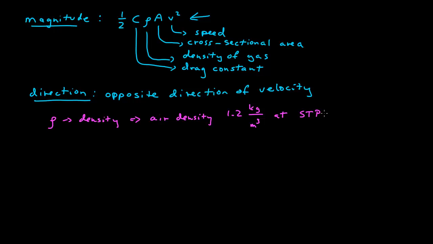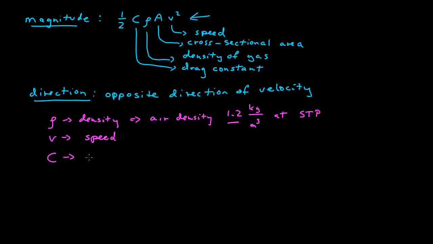So you can already see the sort of problems that you could have, because the drag force is going to depend on the background density, which depends on the temperature of the gas and the pressure, and it can change. But if we can assume a standard temperature and pressure, you're looking at an air density of 1.2 kilograms per meter cubed. Of course, v is just the speed. That doesn't need much more consideration.